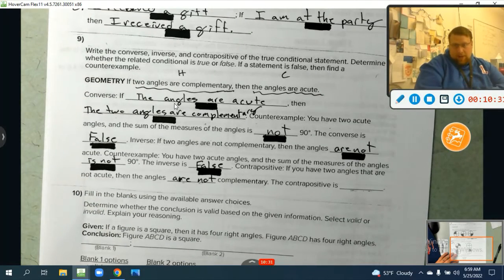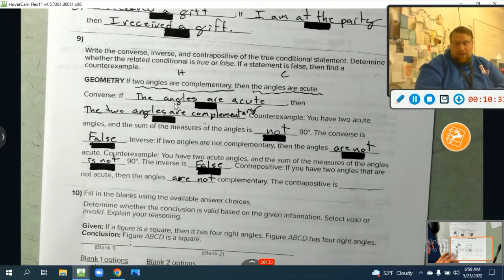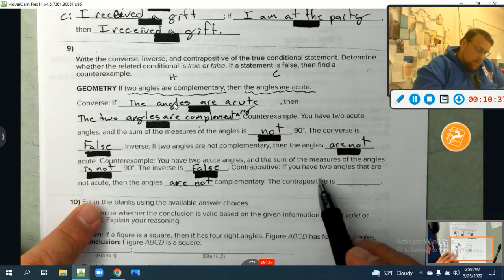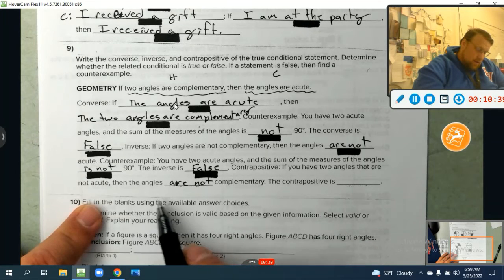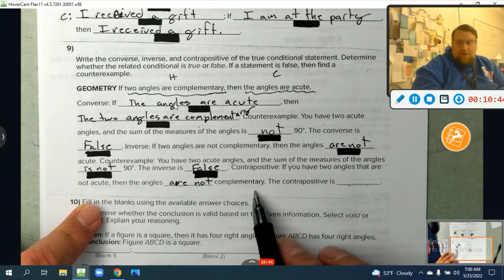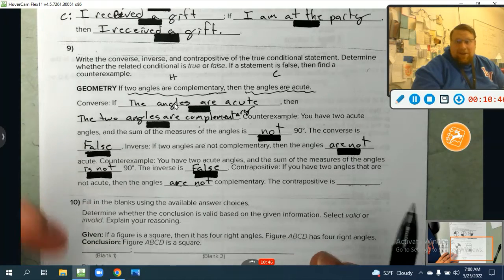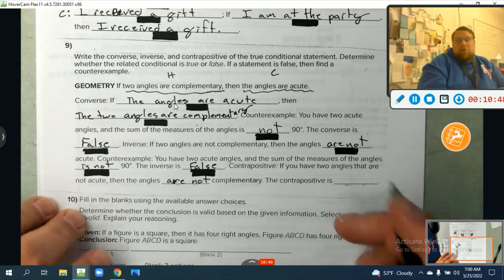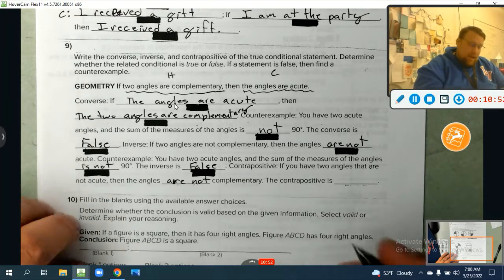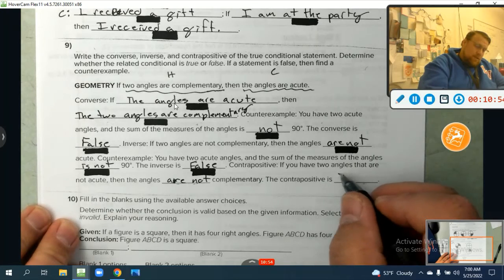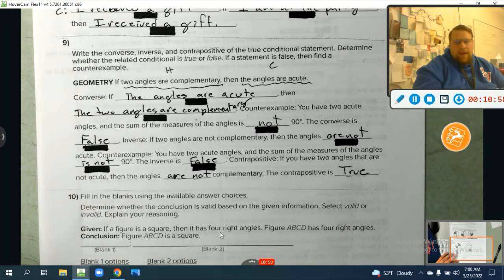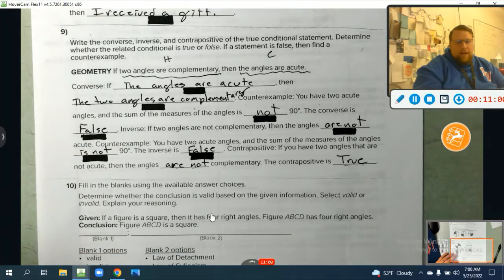And if it's a right angle or obtuse, then the other angle, they are not complementary. And that is true. They can't add to 90 degrees, right? Because one's already 90 or above 90. So they can't add another number to it and make it 90. So the contrapositive is true. Look at that. Sorry, I had to do some thinking in my head. All right.